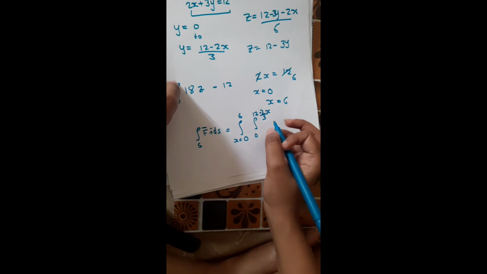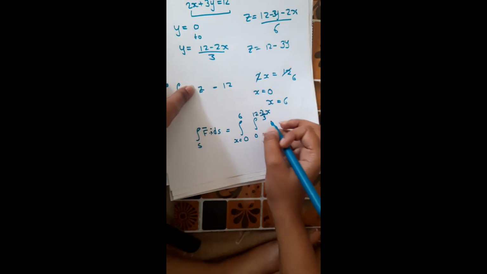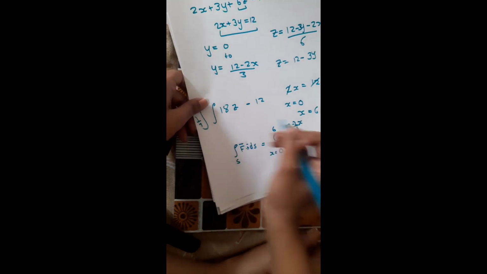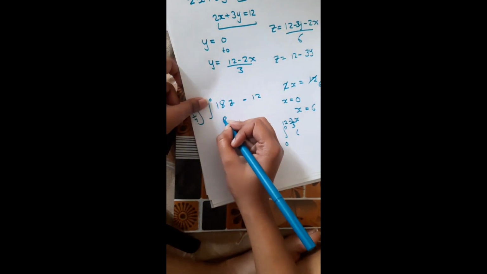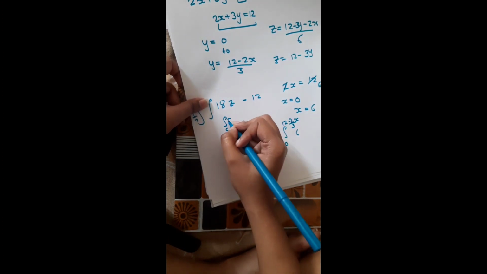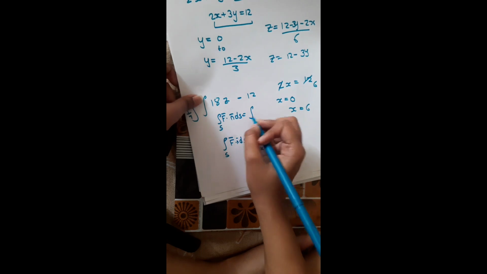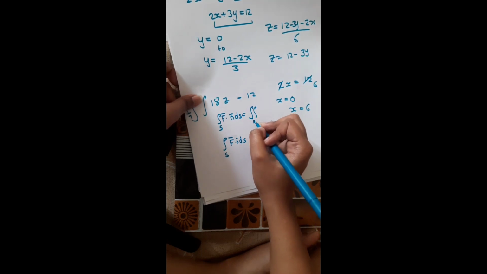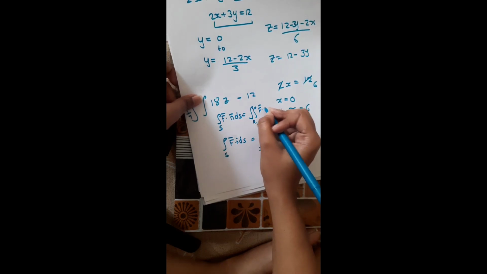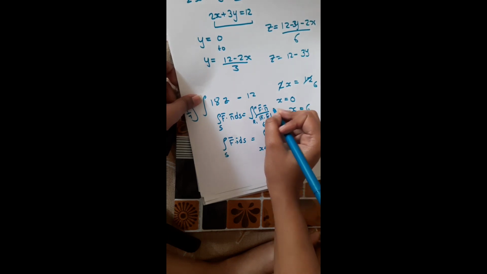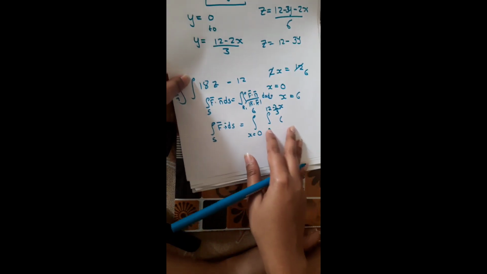And what was our del phi? Let me show you how we have derived it. Which formula are we going to use? The double integral of F bar dot n bar upon n bar dot k bar into dx dy. This was the formula that we were going to use.